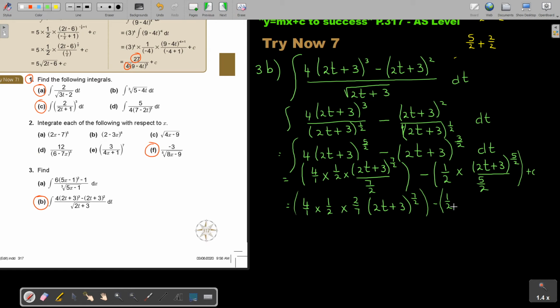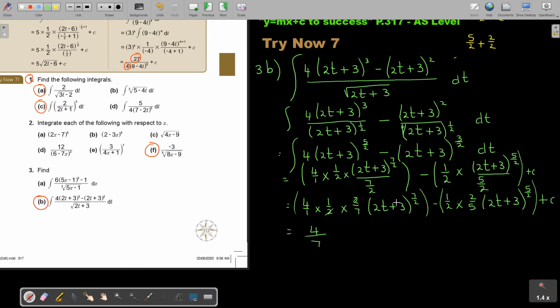Half multiply 2/5, and then it must be 2t plus 3 to the 5/2, and then don't forget your plus c. Okay, and that will give me, now let's just go and see, the 2's cancel, so it's 4/7.